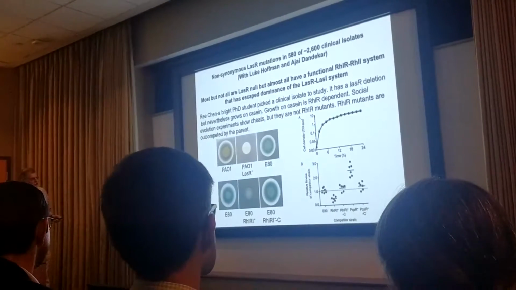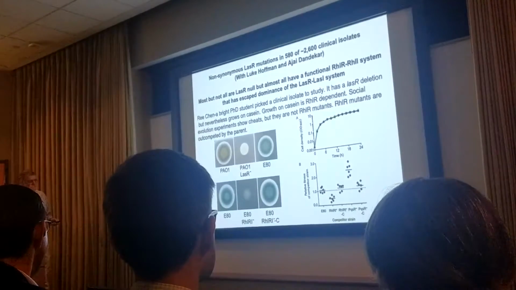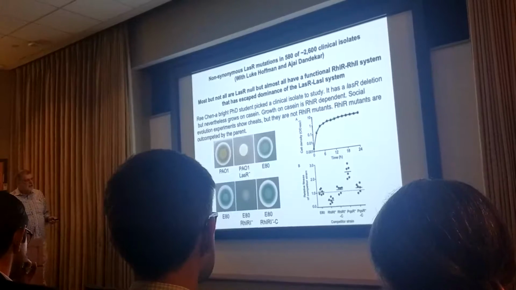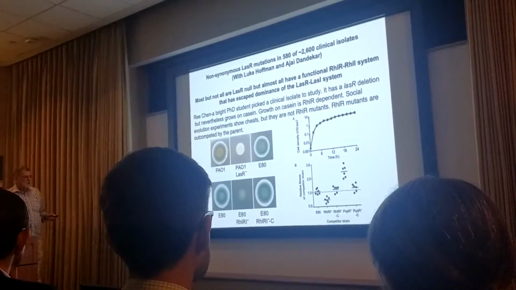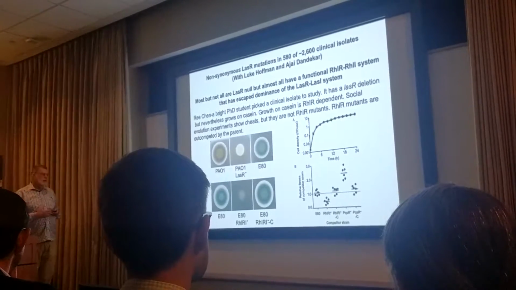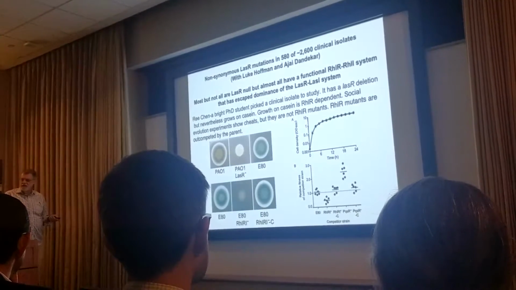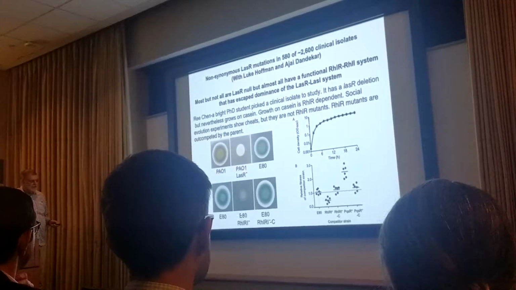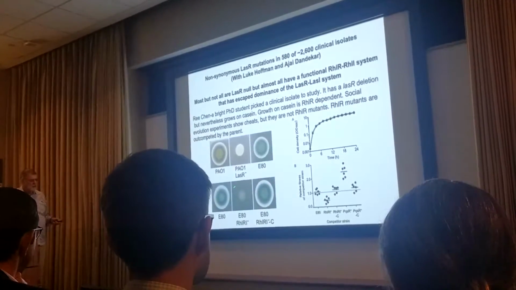And here is her clinical isolate, E80. It has a LASR mutation, and it grows almost as well as PA01. And it also makes a lot more of this pyocyanin pigment than our lab strain. Growth on casein is dependent on the REL-R system. So here's E80 again, and if Bree knocked out REL-R, it doesn't grow very well.